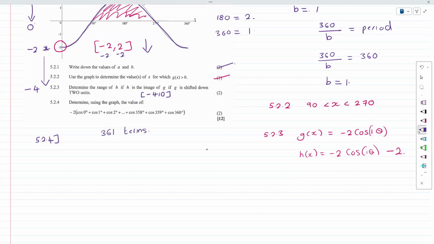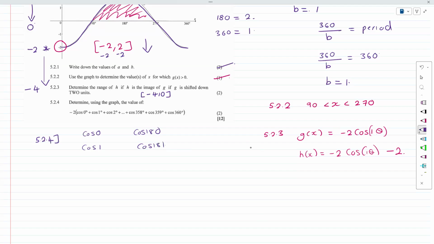Now, I guarantee you that 360 of them cancel out, right? They cancel out because if we start to group them up, we can go with cos 0, cos 180, cos 1, cos 181.